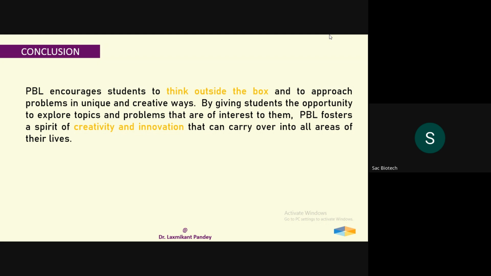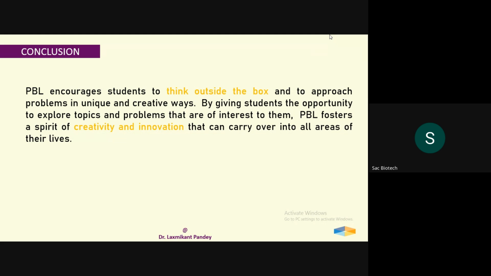If he is unable to do the solution or tackle those problems, that means he does not have interest in those problems. Then what you need to do is give the students some other problems or projects according to their interest. So we can understand the skills or the ability of the students by doing project-based learning. PBL fosters the spirit of creativity and innovation that can carry over into all areas of their lives.